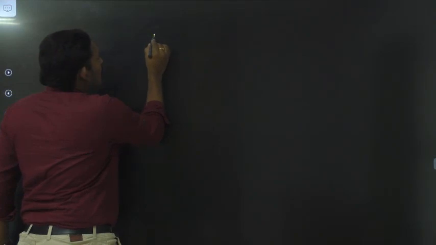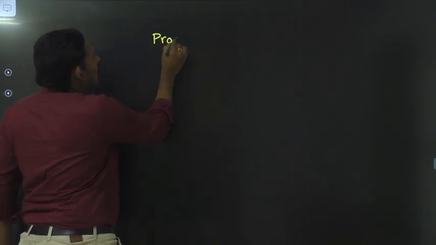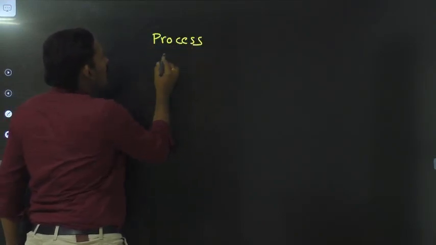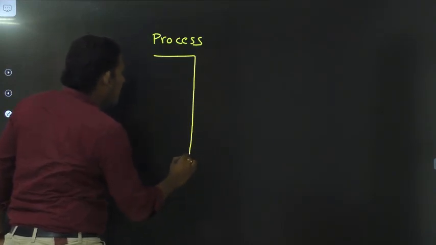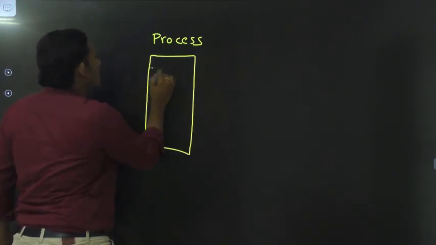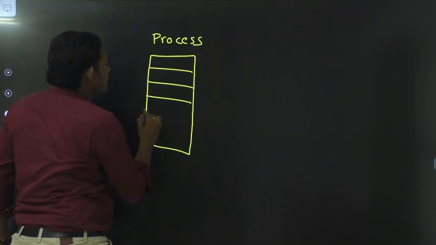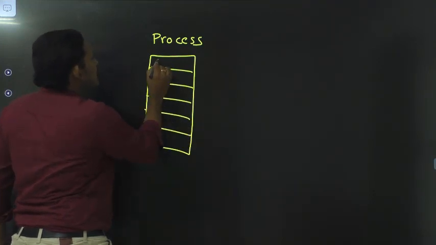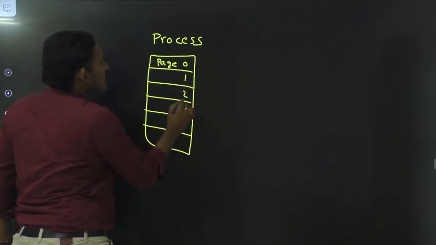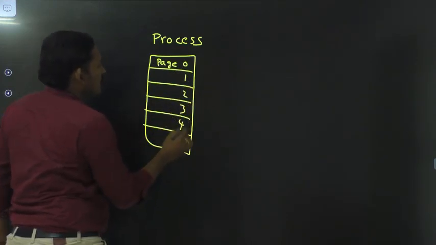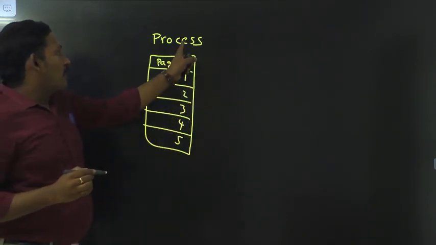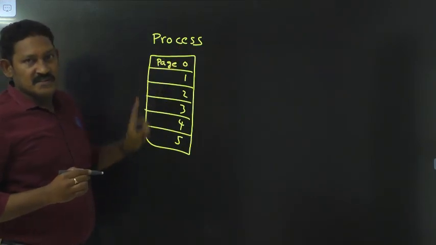So we know that a process is divided into a number of pages. Yes or no? Let us suppose these are the pages: page 0, page 1, page 2, page 3, page 4, page 5. So a process is divided into a number of pages.